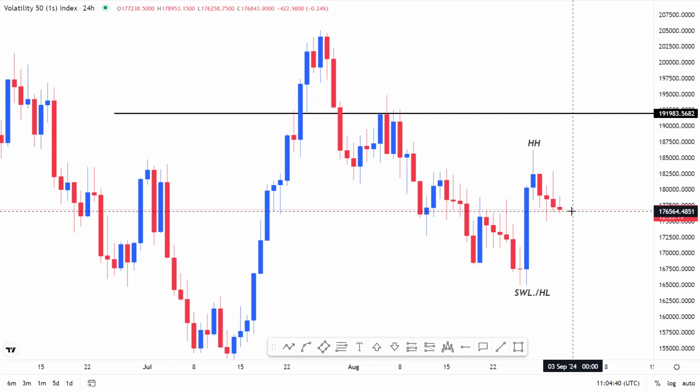Now, how then do I identify the areas of interest? Areas of interest for me are levels or areas where price has repeatedly found support and resistance. Take note of the word here, repeatedly.